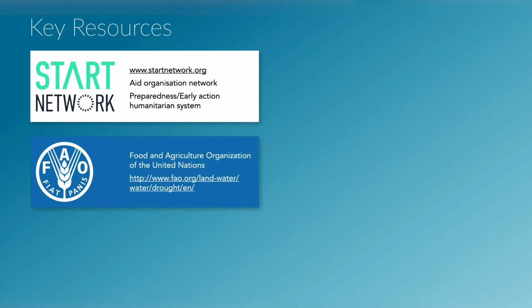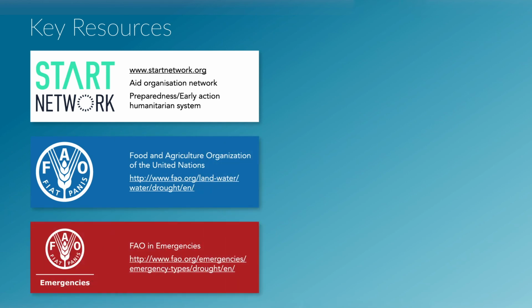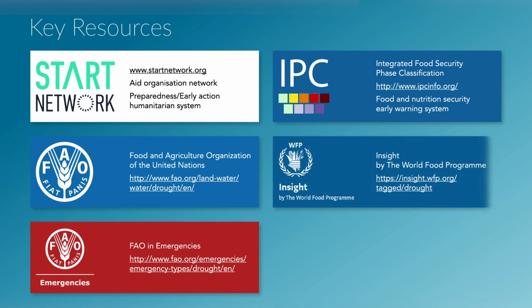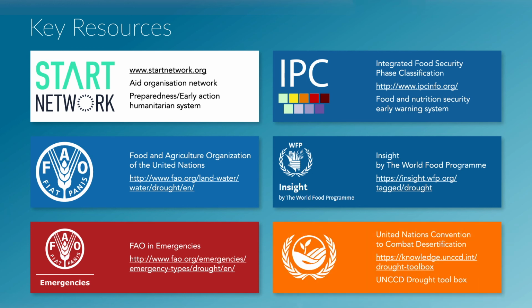The FAO website on drought and the FAO emergency website with a focus on drought. The Integrated Phase Classification, that is an early warning system looking at food and nutrition security crises. The World Food Programme Insight about drought. The UNCCD Drought Toolbox.